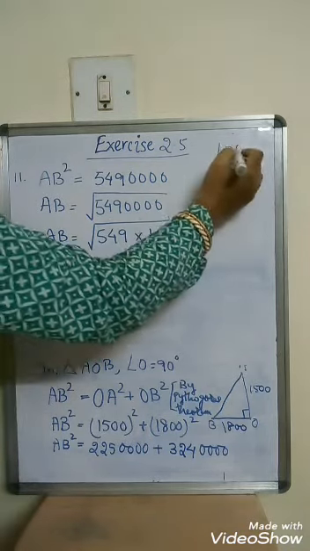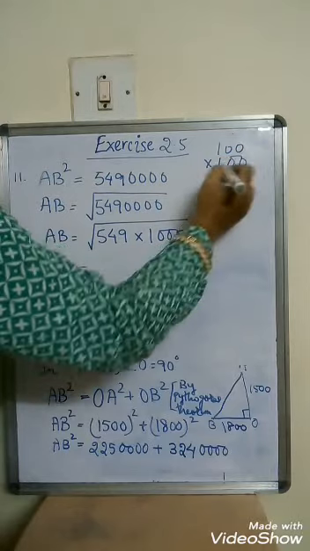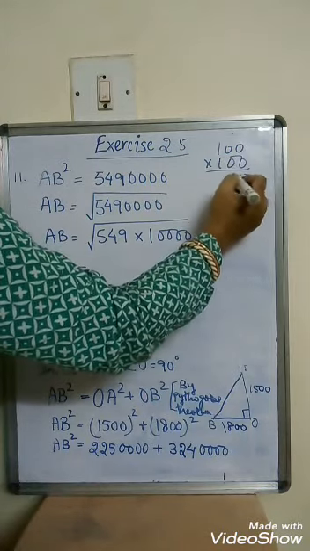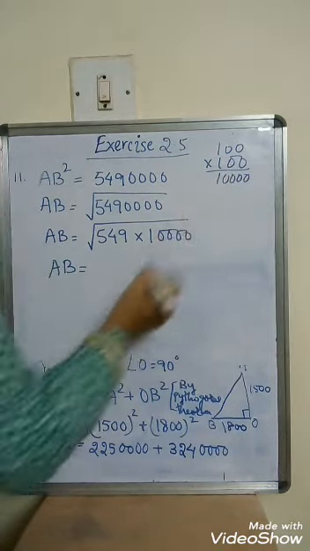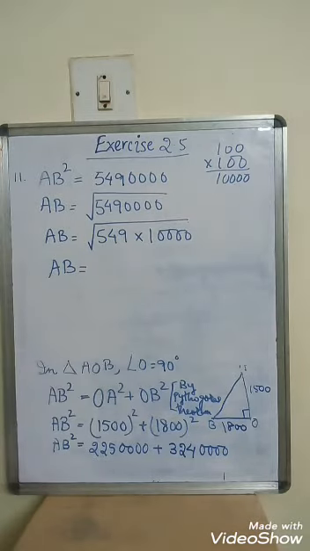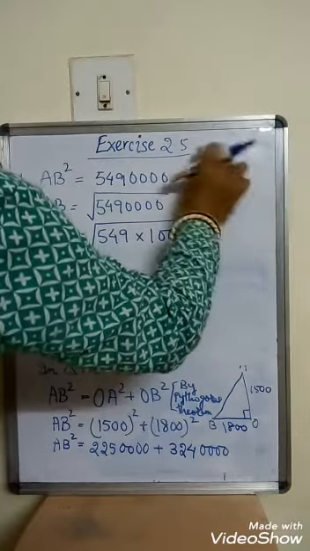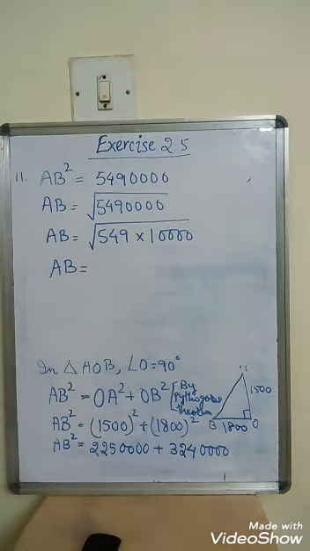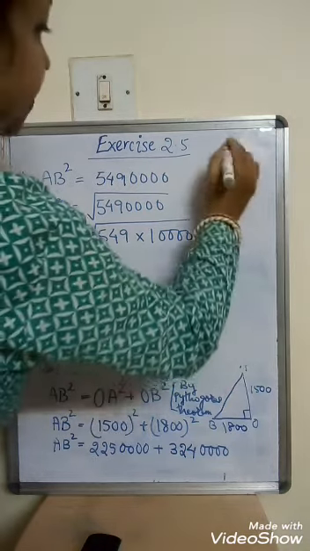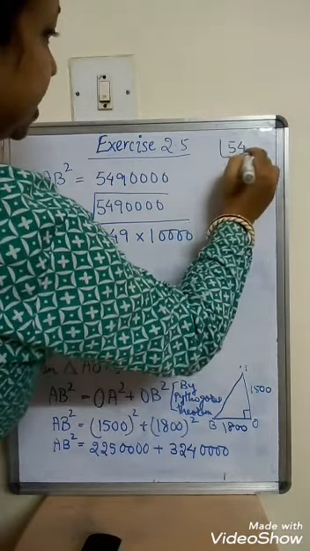When I do 100 into 100, how much do I get? 4 zeros, 1 2 3 4, and 1 here, right? That means 100 is the square root, right? So now remaining is 549. So let us do the factorization of 549 and see.